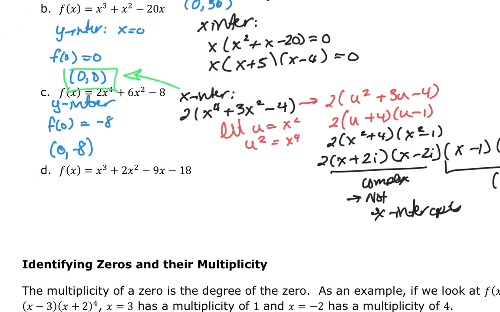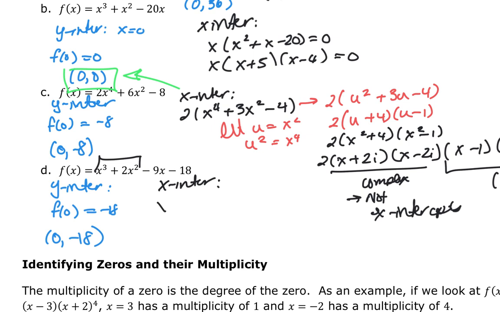All right, now this last one, y-intercept first because it's easy. This is f of 0, negative 18, so I have 0, negative 18. X-intercepts, I'm going to do this by grouping. Out of the first two, an x squared is common, so I'm going to factor out an x squared, leaving me x plus 2. There's a negative between these two, so I'm going to factor out a negative 9, leaving me x plus 2.